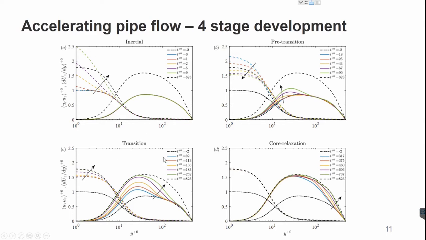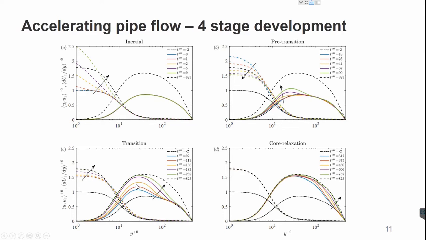Now we have the transitional stage, where we can see that we have a balanced growth between the viscous forces or the viscous shear stress and the Reynolds shear stress related to turbulence.